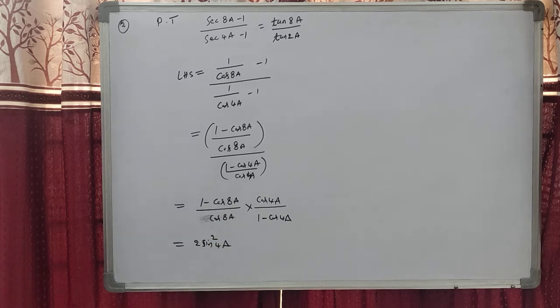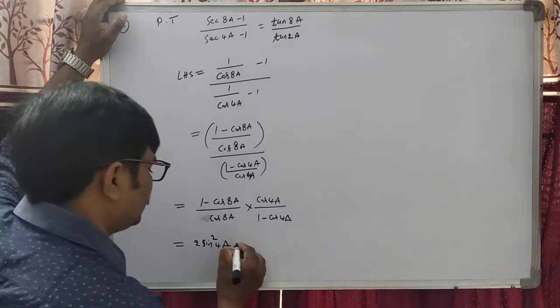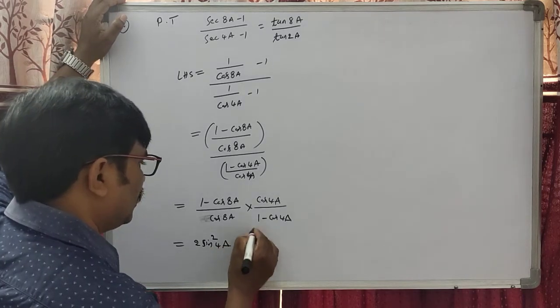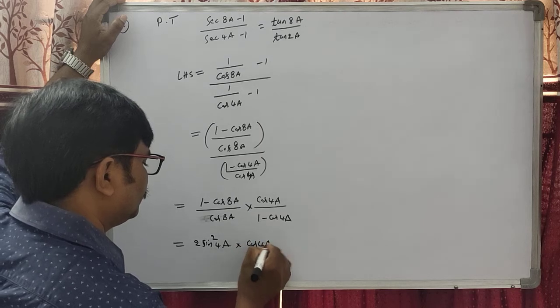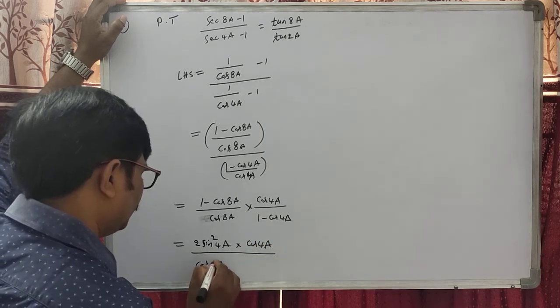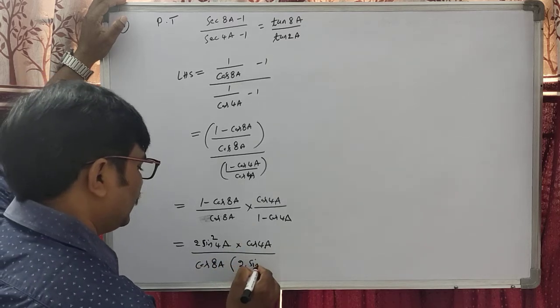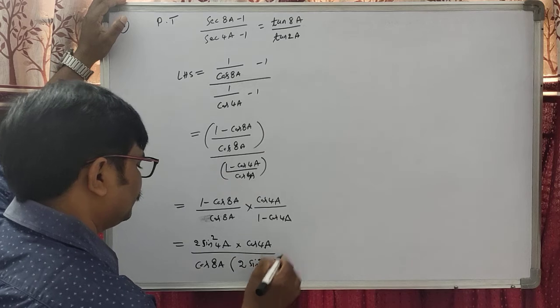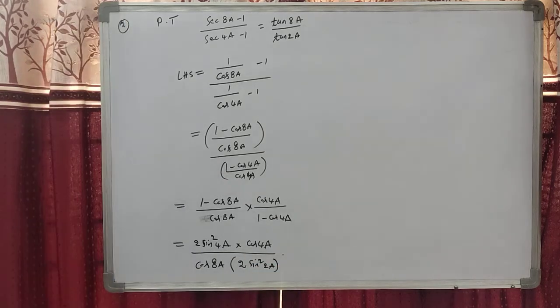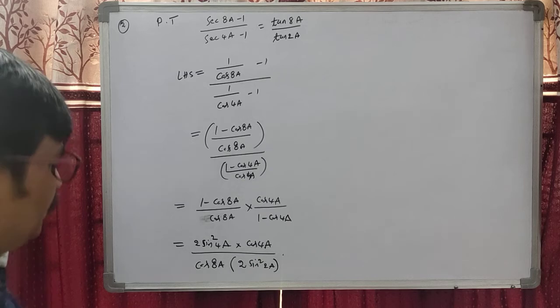After that, students, how to write this? cos 4a. Now the 1 minus cos 8a can be written as 2 sin square 4a. Just one minute, students: 1 minus cos 4a is 2 sin square 2a.